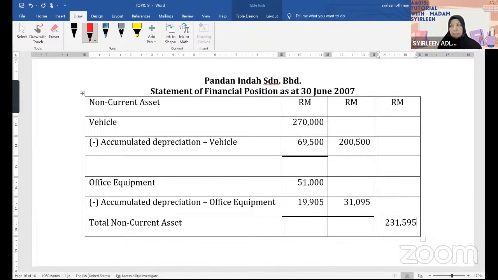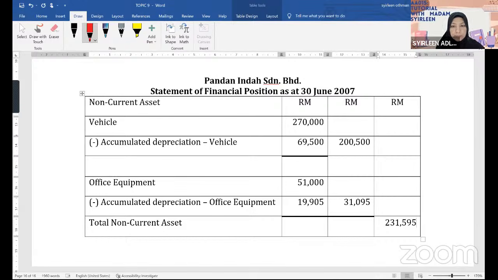Komputer yang hilang tadi. Lepas tu kita tolak the accumulated depreciation, latest one is 69,000. Sorry, accumulated depreciation for office equipment is, okay, sorry, it's 19,905 ringgit.